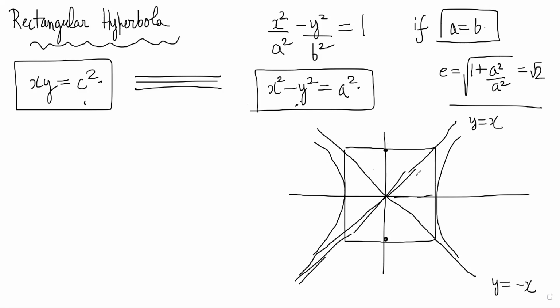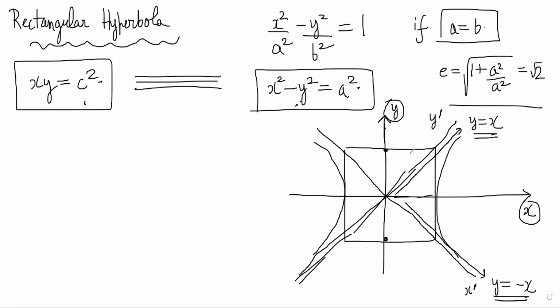Now, this is my axis of y, this is my axis of x, this is my asymptote, and this is the other asymptote. Now, what happens if I rotate my axes y and x and make the new axes along the asymptotes? This is y dash and this is x dash.